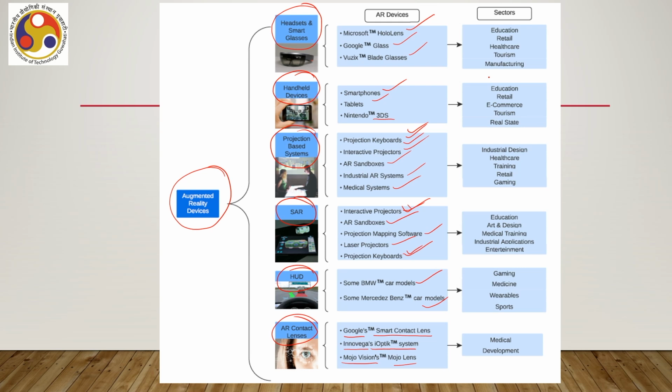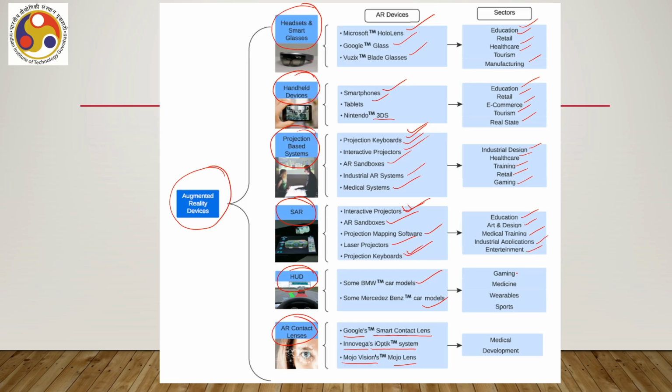Also in this summary you can see the application side of these categories of devices. For example, headsets and smart glasses can be used in education, retail, healthcare, tourism, manufacturing. Handheld devices can be used in education, retail, e-commerce, tourism, real estate. Projection based systems and spatial AR systems can be used in industrial design, healthcare, training, retail, gaming, education, art and design, medical training, industrial applications, entertainment.